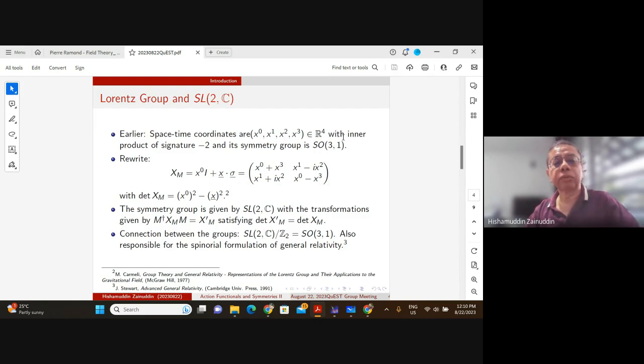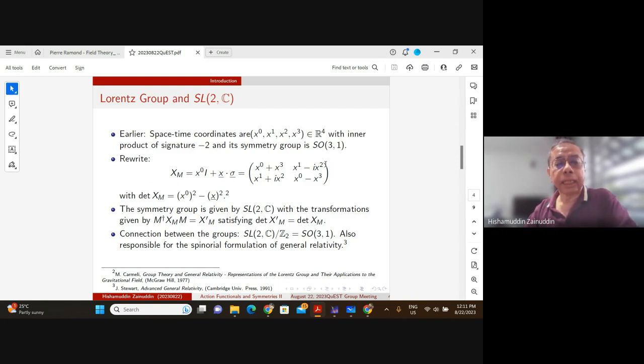The way to think about this is to remember your space-time coordinates. They are now written in terms of the Pauli matrices, the Pauli sigma here, which is the usual definition, and then you append this with the identity matrix, and you are able to represent the space-time coordinates as a matrix.